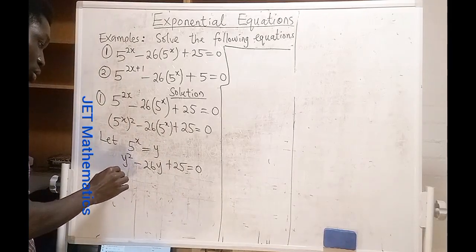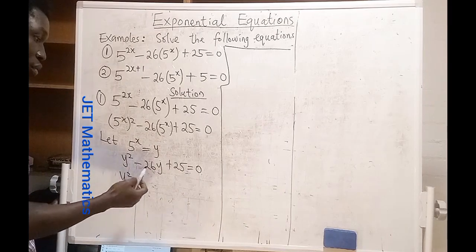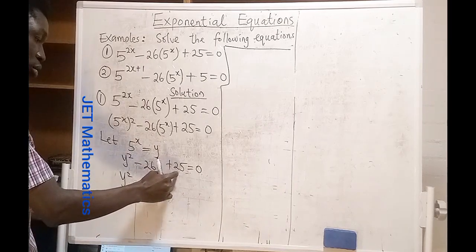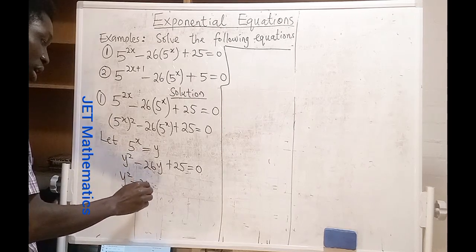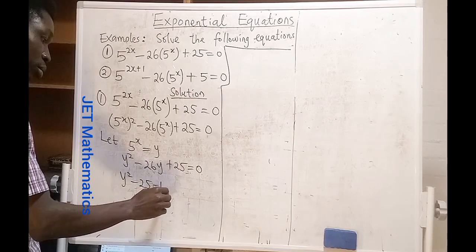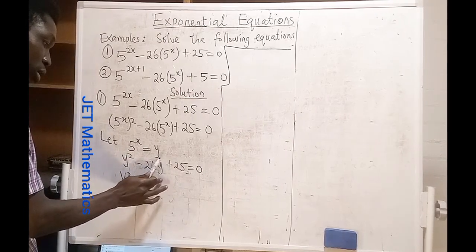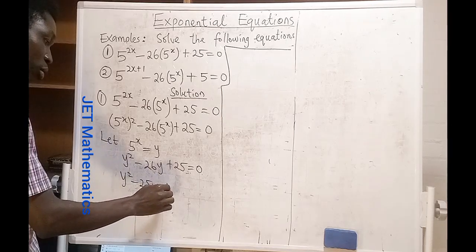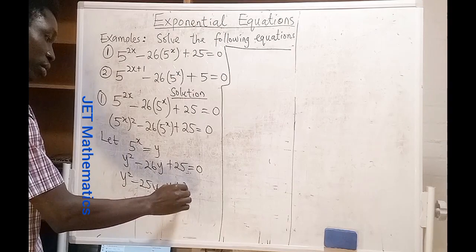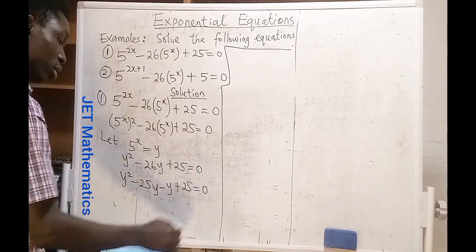This gives us y squared, 2 factors: if you multiply them, you get 25, if you add them, you get minus 26. That is minus 25 and minus 1. So, minus 25y minus 1y plus 25 equals 0.